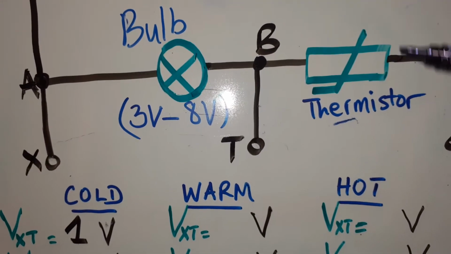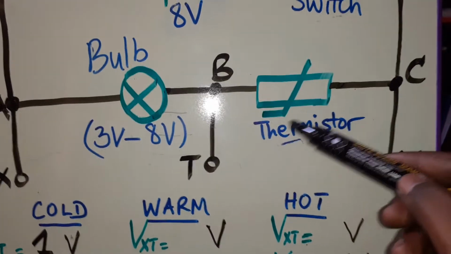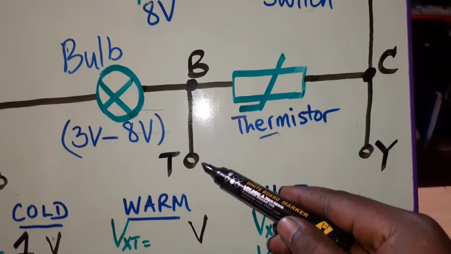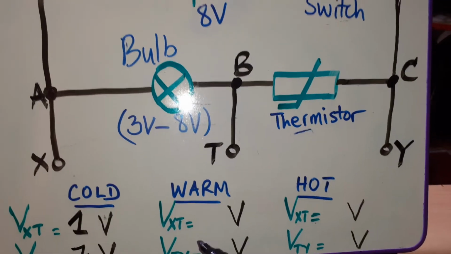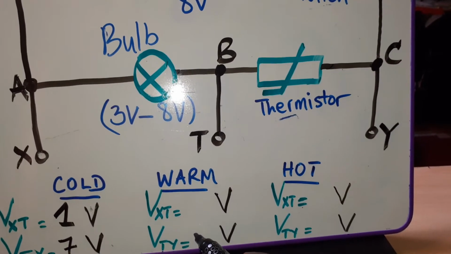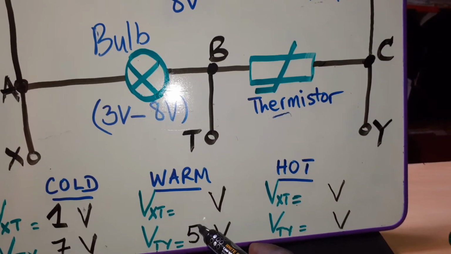As the resistance reduces, the voltage across the thermistor, that is the voltage between T and Y, will reduce. So let us assume that from 7 volts, the voltage reduces to 5 volts.